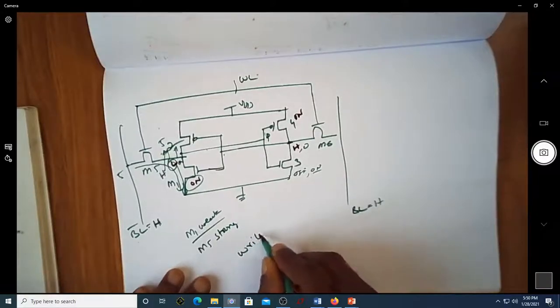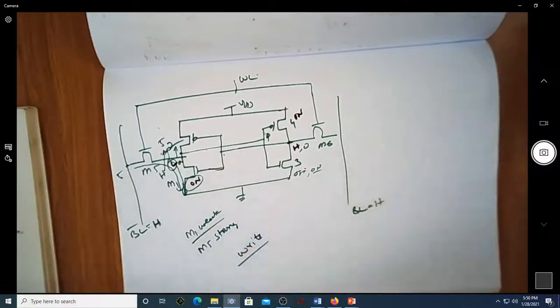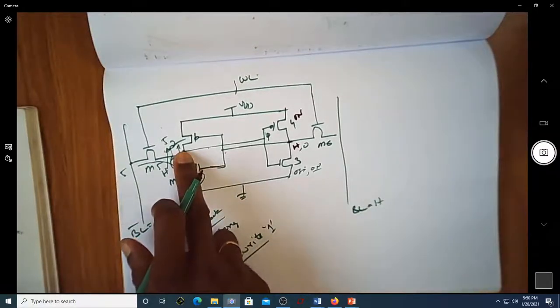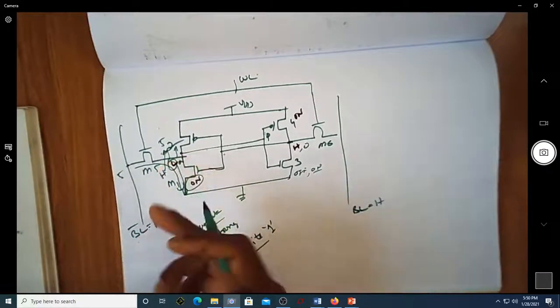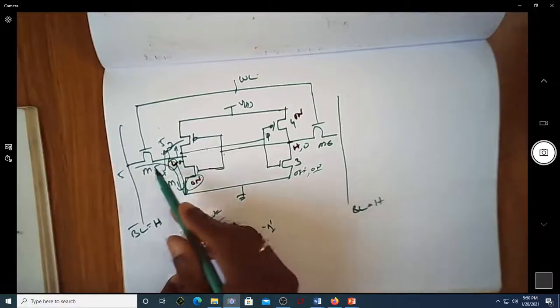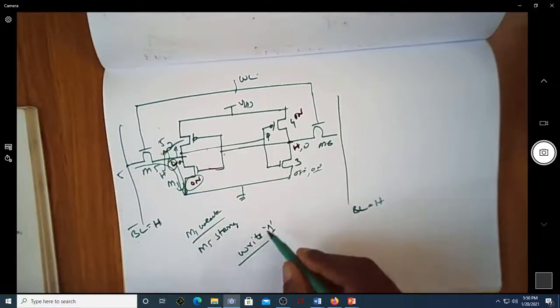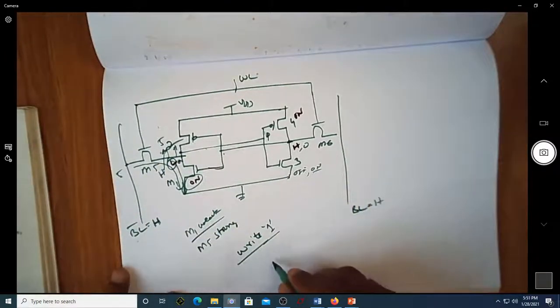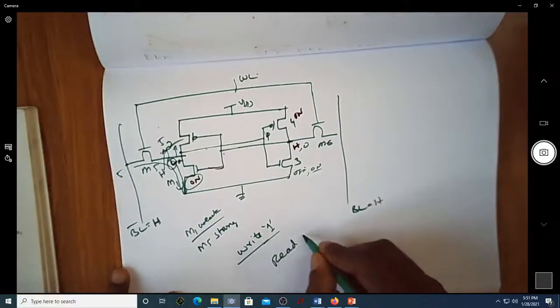You started reading, and now you have started writing, because we are assuming that M1 is weak and M5 is stronger. Whenever you write 1 during the read operation, we call this read upset.